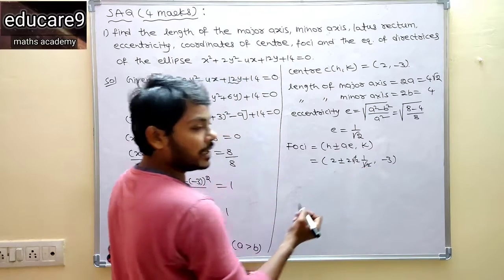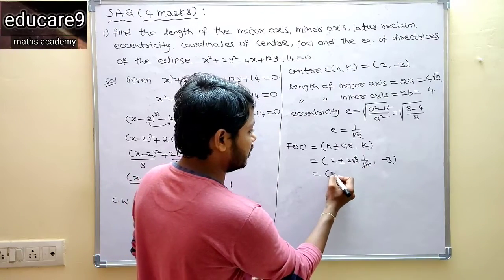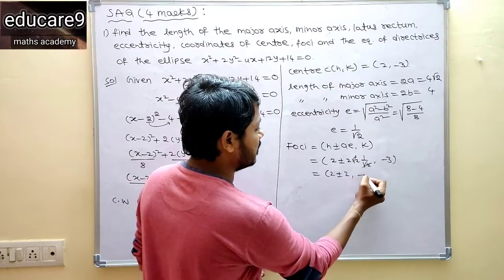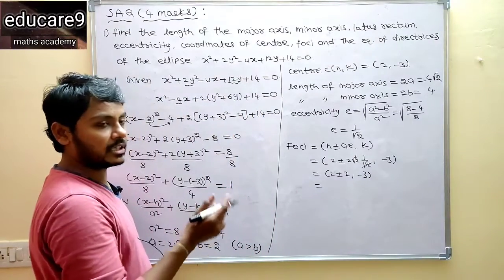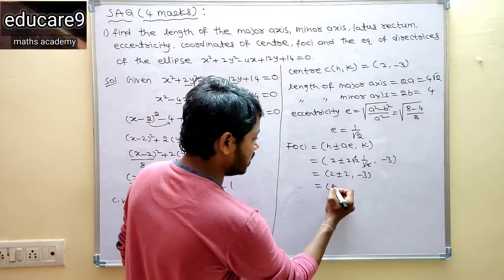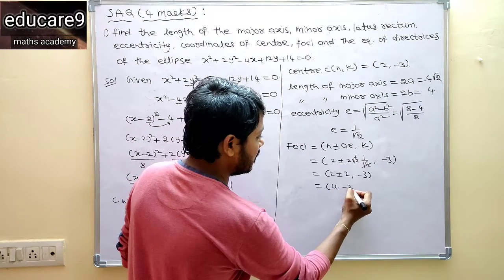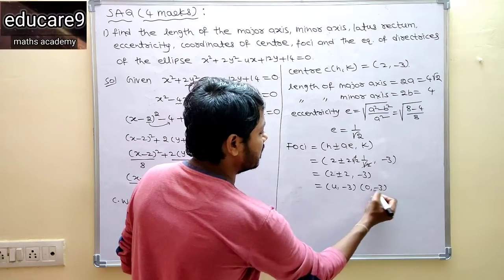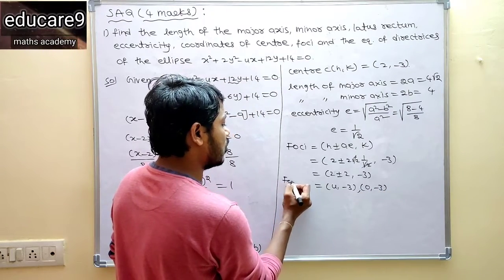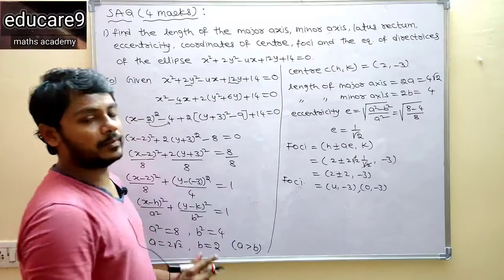So root 2 gets cancelled. You will get 2 plus or minus 2 comma minus 3. So we will get two conditions, one is plus and another one minus. So that is 4 comma minus 3 and 0 comma minus 3. So these are the foci of the ellipse.